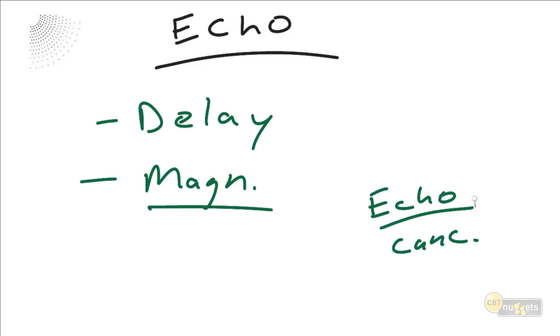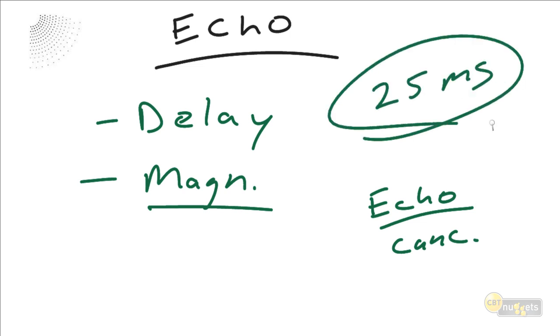It actually proves to them that the call is working. The issue is there can't be a big delay on when they hear their own voice. The rule of thumb is if it's anything greater than 25 milliseconds, it's going to cause a pretty bad nightmare. It's going to be so distracting for them that they're not going to want to continue with the call.